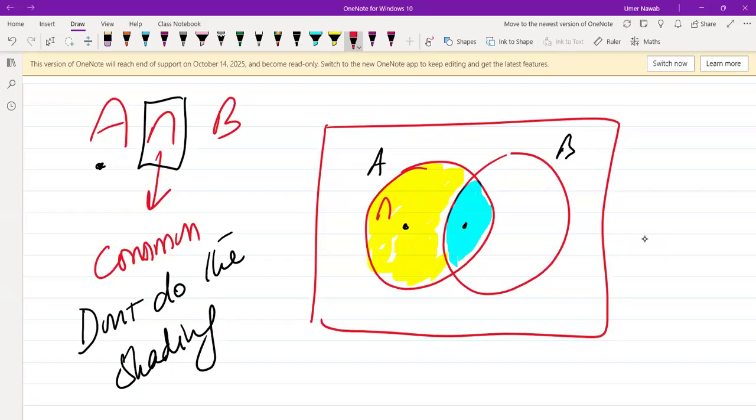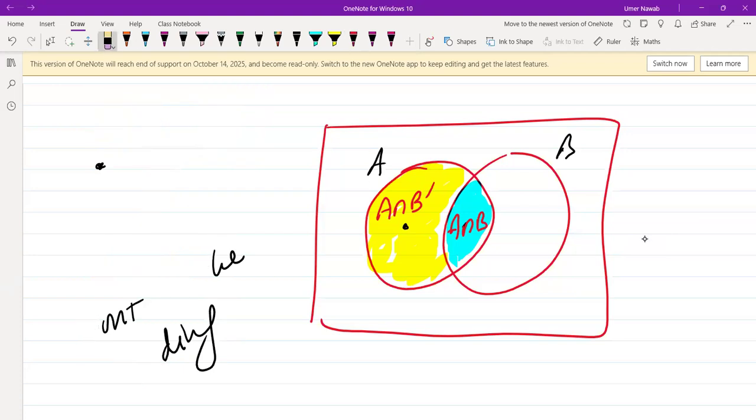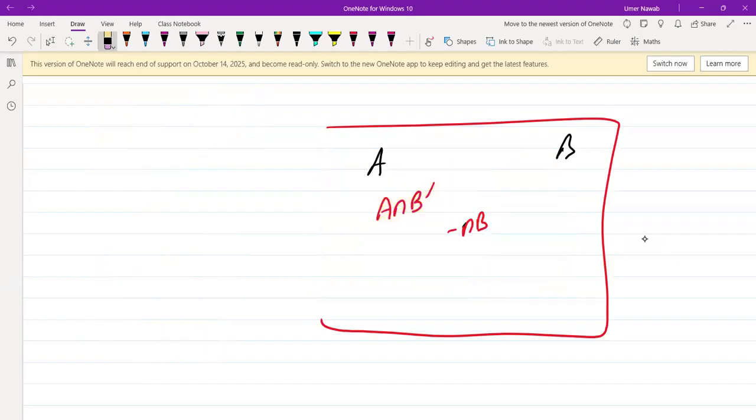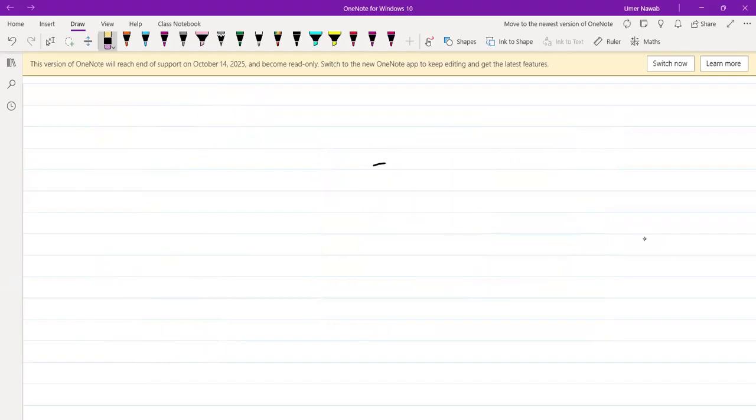This is called A intersection B complement because this is coming outside of B. And this part of A is common with B. So I want to take that dot which is coming in B. Suppose I want to show you A intersection B.